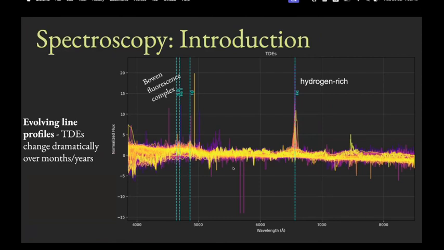One characteristic that they have is that they are hydrogen rich. So we can see this line here, and in many cases it is very strong. Another characteristic of the TDEs is that their spectra change through the different epochs, so they evolve.